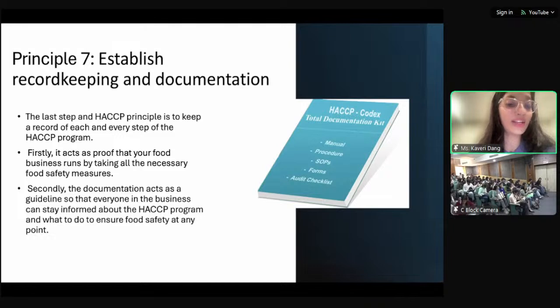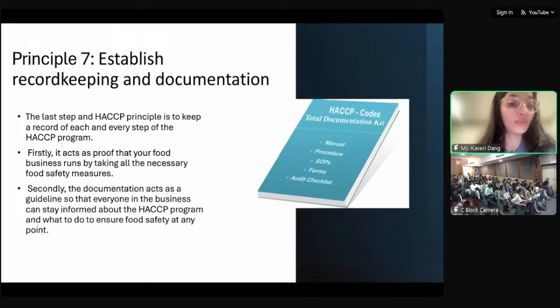The last HACCP principle is to keep a record of each and every step of the HACCP program. Firstly, it acts as the proof that your food business runs by taking all the necessary food safety measures. Secondly, the documentation acts as a guideline so that everyone in the business can stay informed about the HACCP program and what to do to ensure food safety at any point.